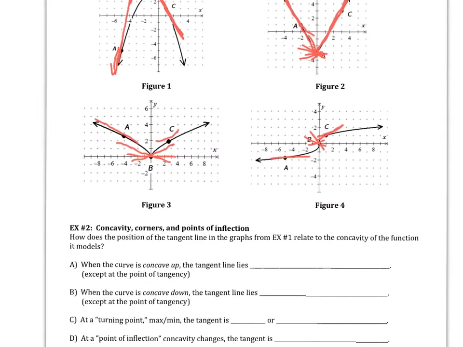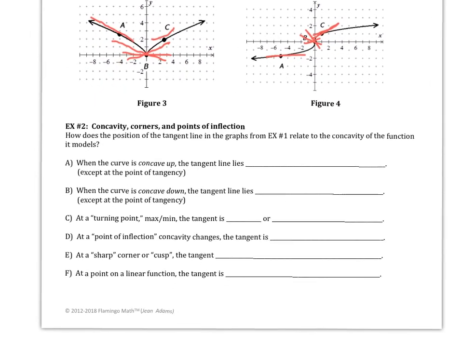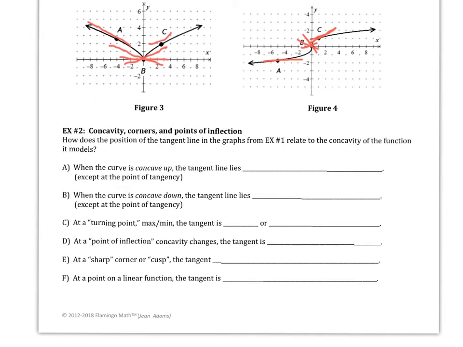So what we're talking about is concavity, corners, and points of inflection. How does the position of a tangent line in the graph from example 1 relate to the concavity of the function in its model? If we look at it, when the curve is concave up, the tangent line lies below the curve.